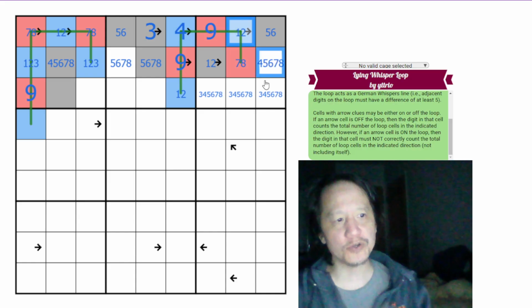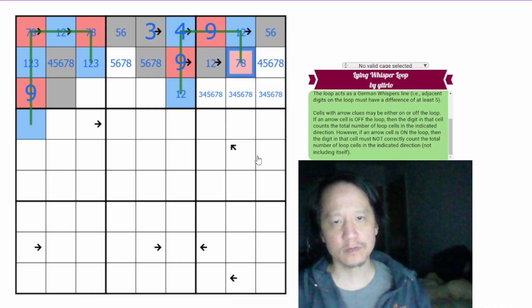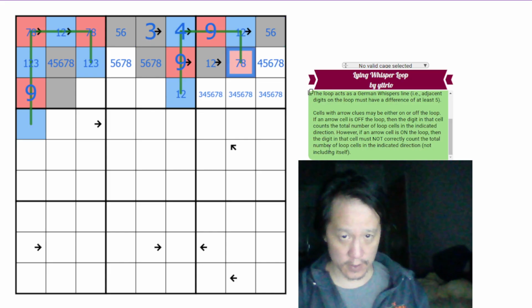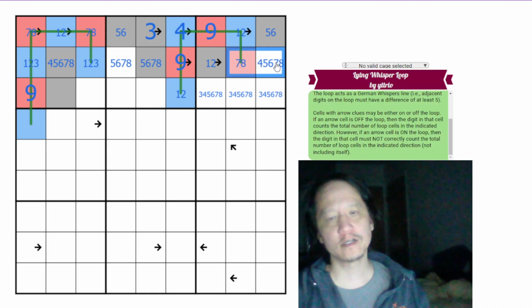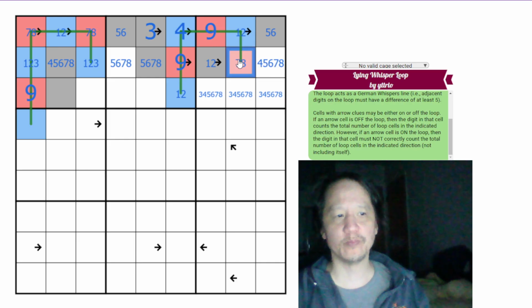And so that's 2 unique digits that it would be next to. So this is 7 or 8. 5 or 6, 5 or 6. This is 1. It could continue. Okay, cannot continue that way. So if it tried to go that way, the biggest difference you have is 8 and 4, which is not 5. So this is not valid, which means this has to go this way, which means that's not valid.